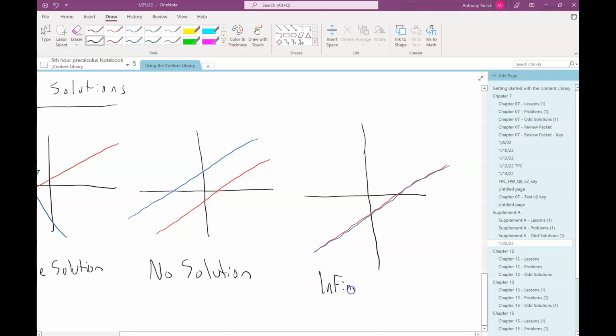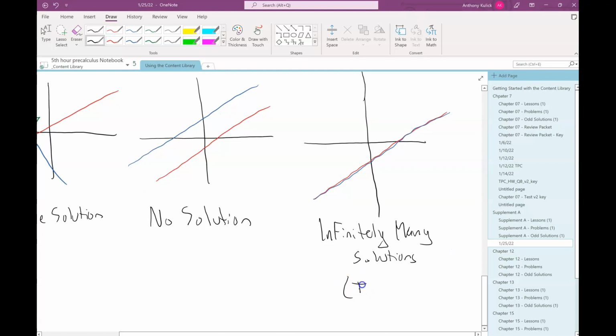We say this is infinitely many solutions. I usually abbreviate that as IMS because that's a lot of letters. And no solution I usually abbreviate as NS. Again, just saving myself some writing. Because mathematicians, ooh, we love abbreviations.